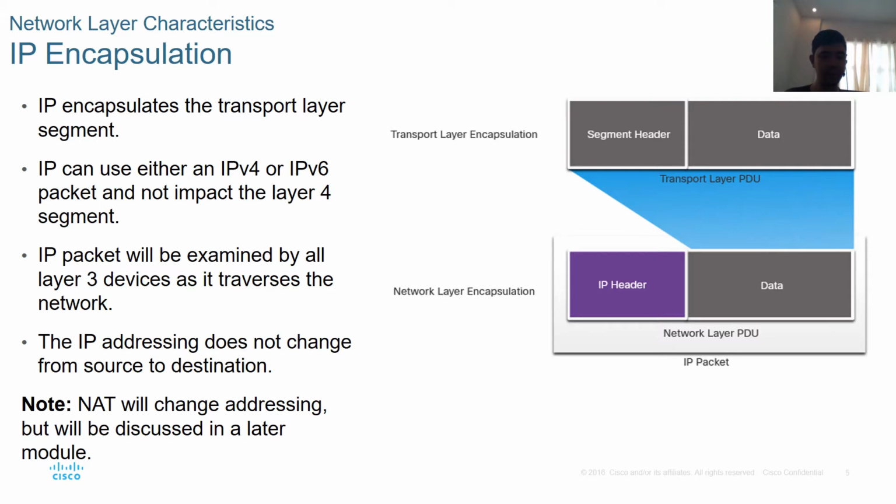Once a packet is received, the network layer component of our operating system examines the layer 3 address. The IP address does not change during transmission from source to destination.